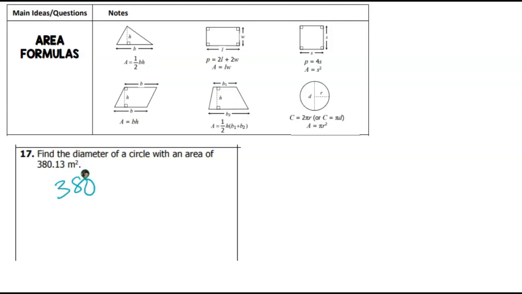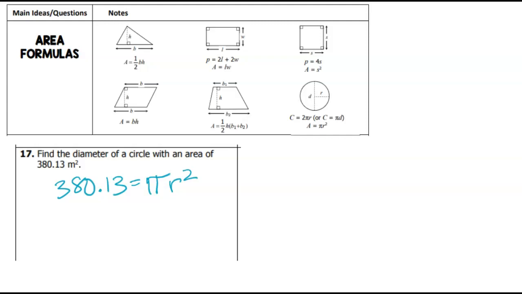So I'm going to set my area of 380.13 equal to pi r squared. Now, pi is a constant. I know it kind of looks like a variable in our equations, but it's actually a number. We know it's 3.14. It's got a lot of decimals after that.